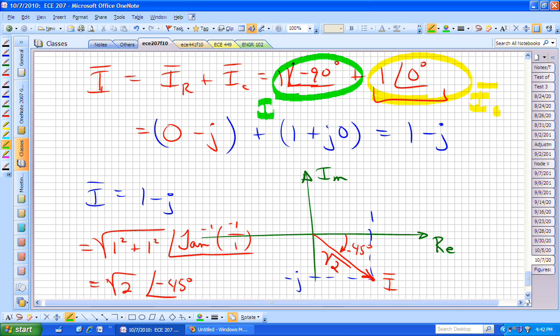Here is I sub r. Yes? And now we can put those on the axis. Here is which one? That's I sub c. And where's I sub r?